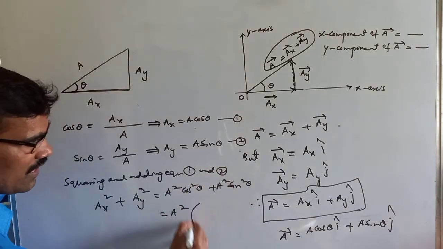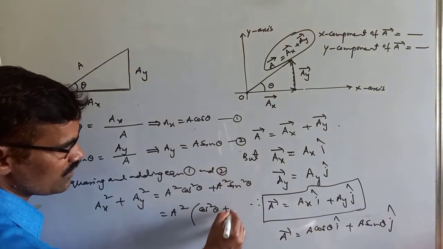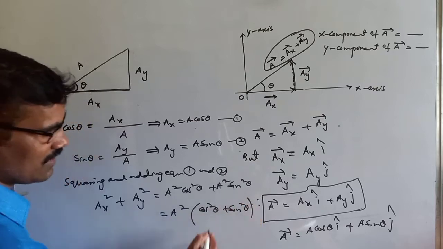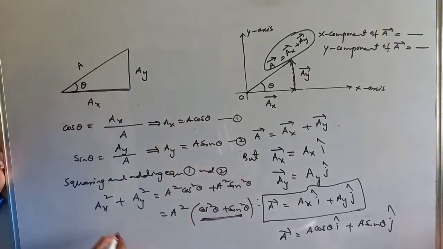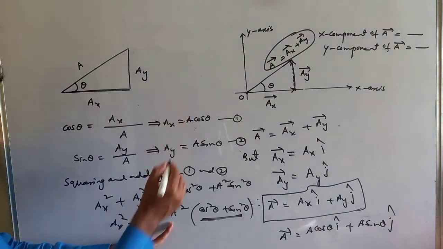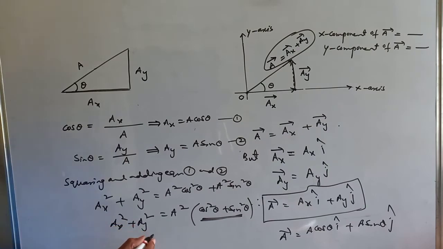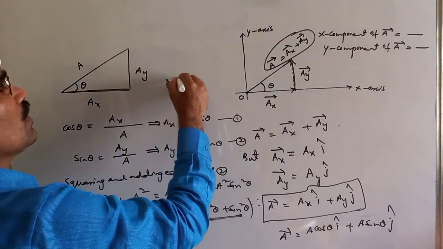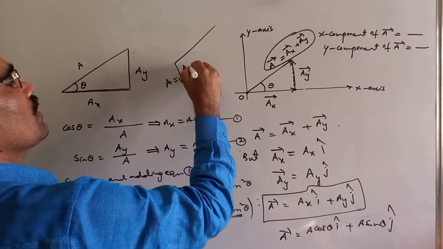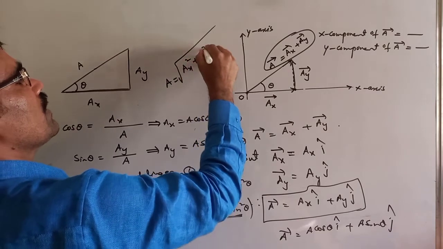Therefore A square times cos square theta plus sin square theta, and that is 1. That's why A square is equal to Ax square plus Ay square, so A is equal to root over Ax square plus Ay square.